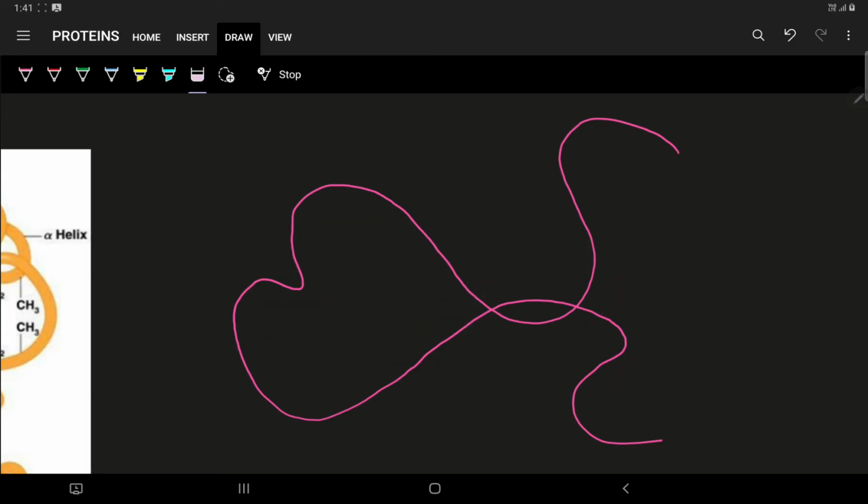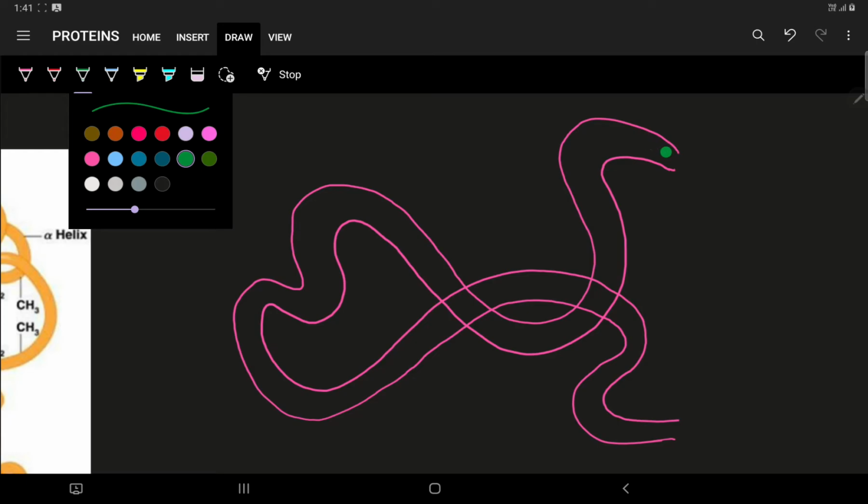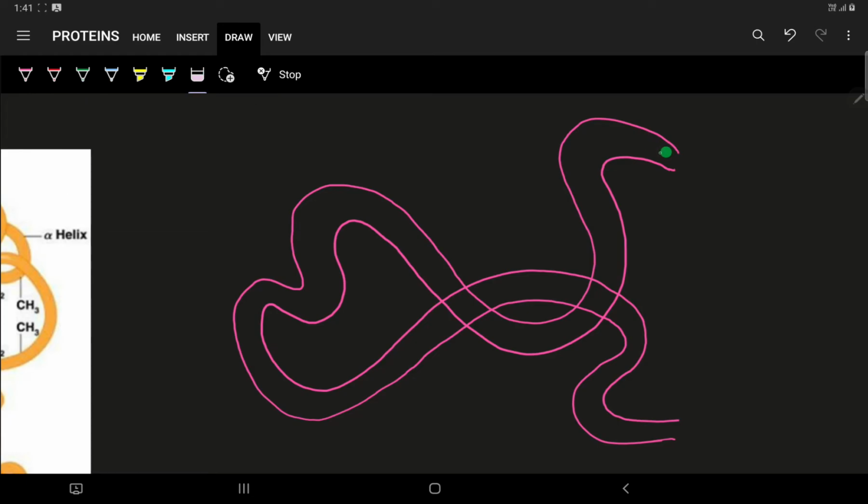Now these are simply the peptide chains. Now it will be containing an alpha helix structure also inside it. Now this is the actual polypeptide chain.